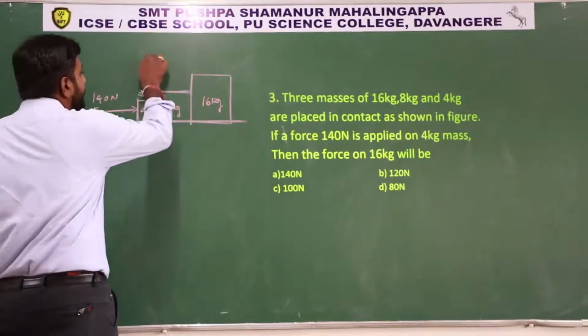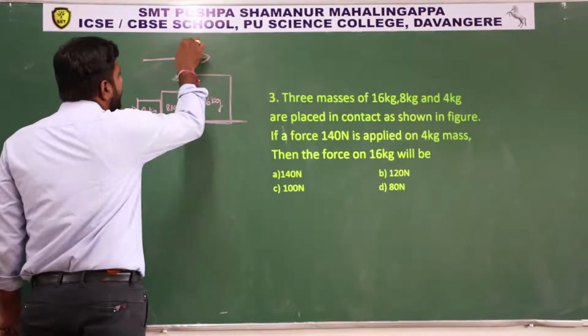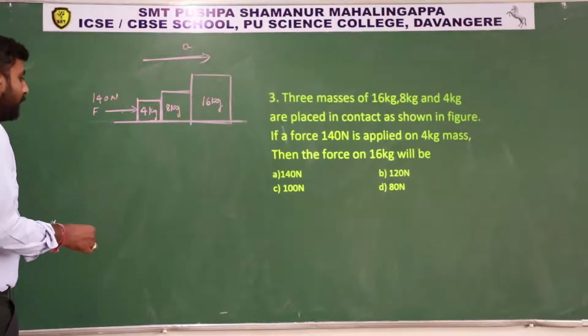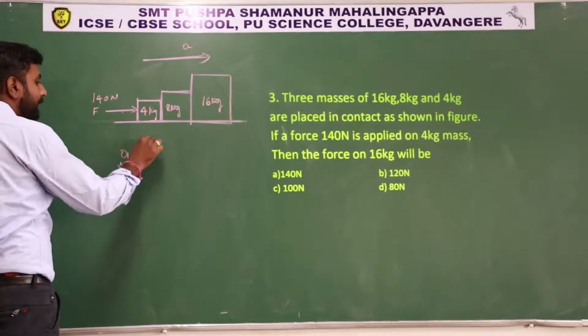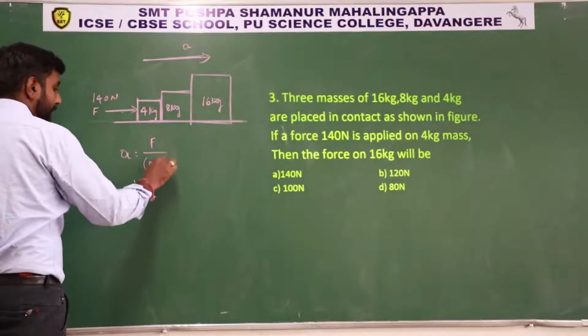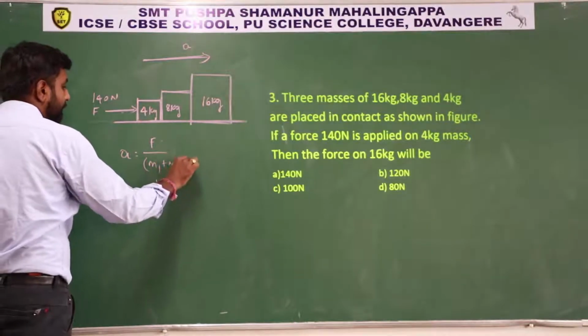That means you know that this system will move with some acceleration, that is a. In this type you already know how to find the acceleration. A you can directly write, F divided by m1 plus m2 plus m3.